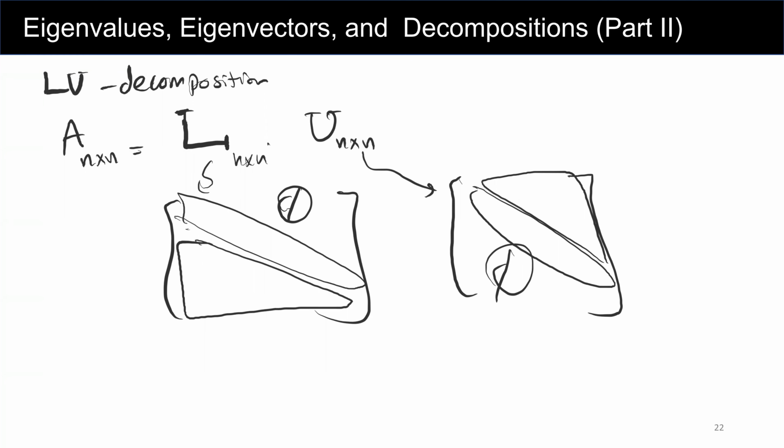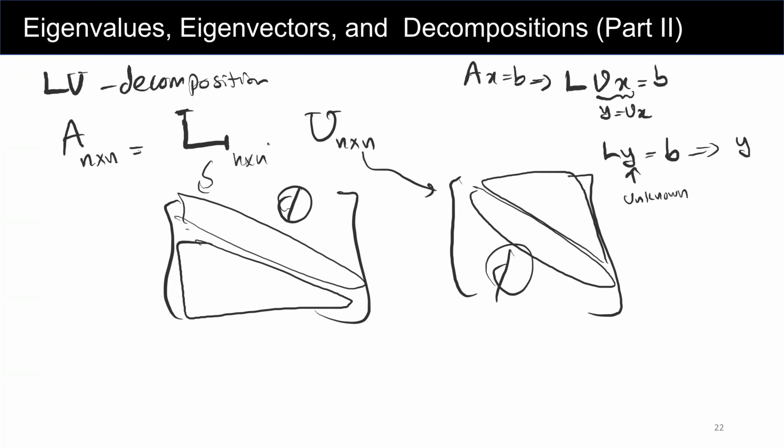How do we use this? One of the applications is for solving a given linear equation, Ax equal to b. So we said we replace A with LU, so LUx is equal to b. We consider y is equal to Ux. Then we have Ly equal to b, where y is also unknown. Next step, we find y.